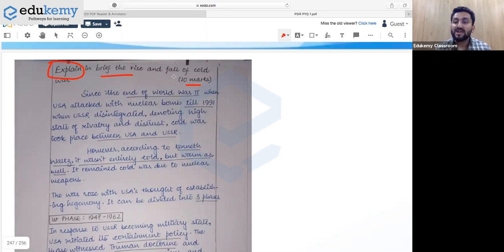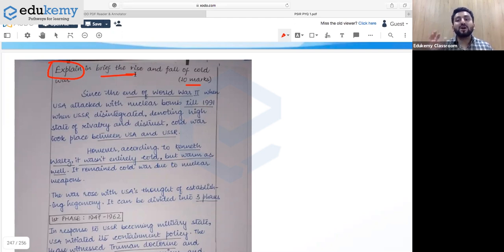Now, how should you set the introduction? It means the introduction should start with the background of Cold War, because it is saying a brief rise of Cold War. So you give the rise of Cold War when you talk a bit about the reason of Cold War.